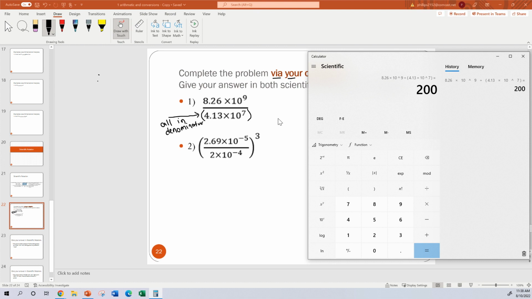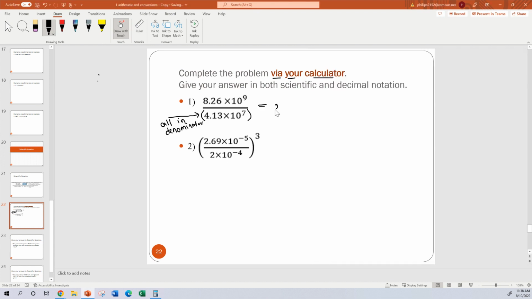And so we have that this math problem is equal to 200. Our directions say both scientific and decimal notation. So this is decimal notation. To put this into scientific notation, I have to move the decimal, which is currently here at the end, 2 places. So I move it 1, 2 places. Why do I move it 2 places?